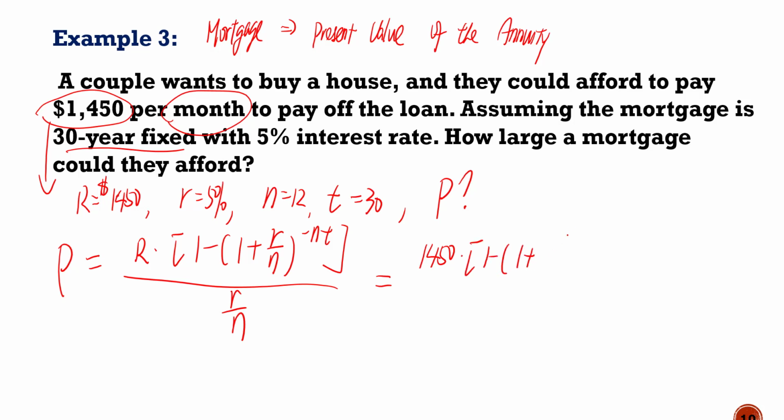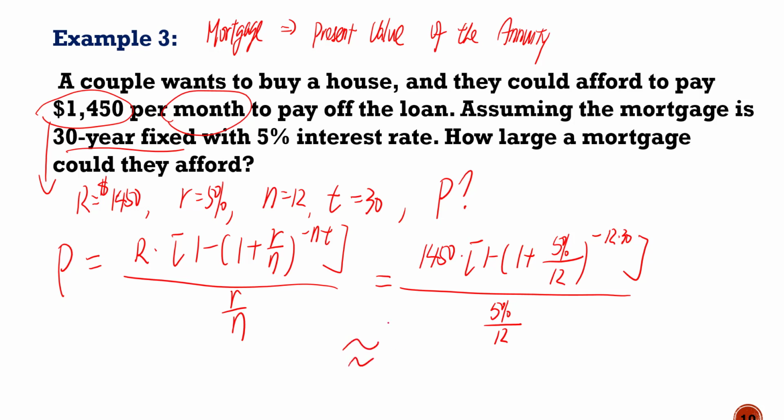The rate is 5% over 12 raised to negative 12 times 30. So we are making 360 payments here. And then the denominator is 5% over 12. Let's see what the present value of the annuity is. How large a mortgage could the couple afford?